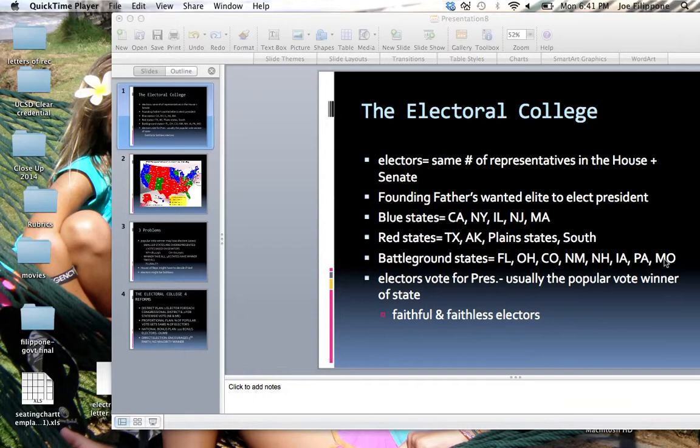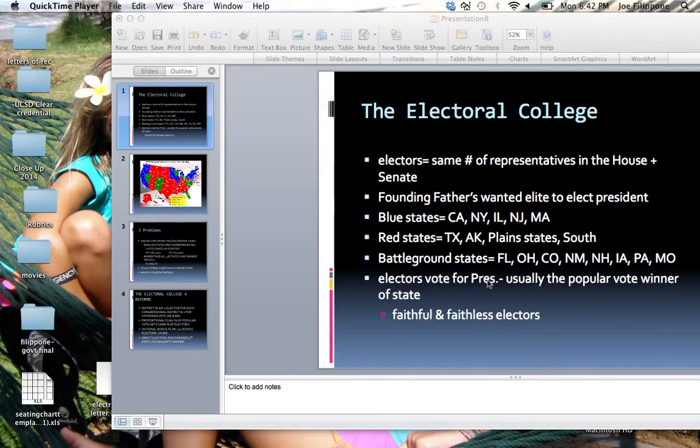They rarely ever come to California or to Texas or to New York, because those states are already mostly going to vote either Democratic or Republican, and they already know the outcome. So most candidates will spend most of their time in the battleground states.